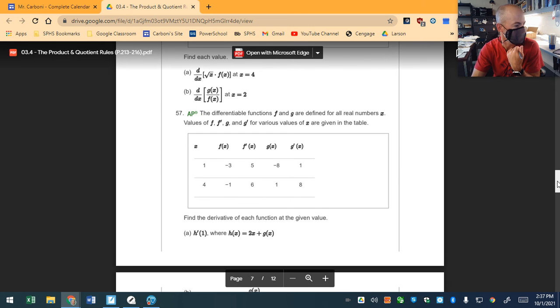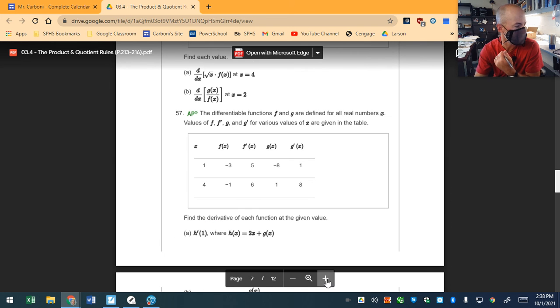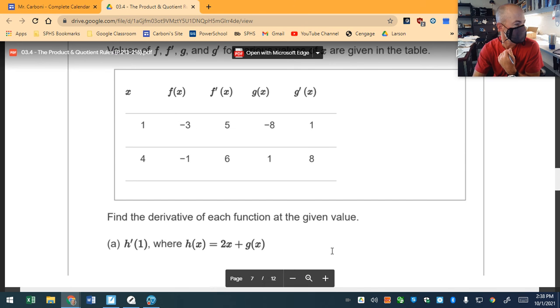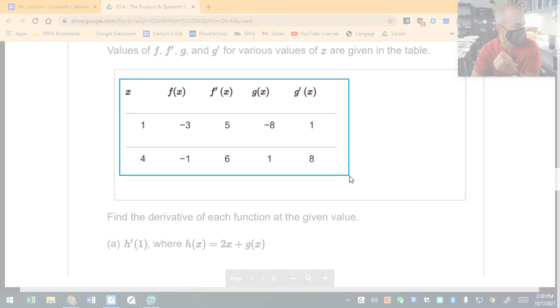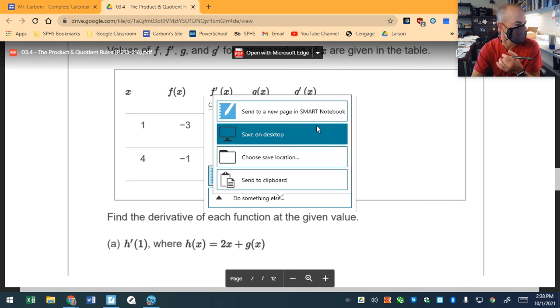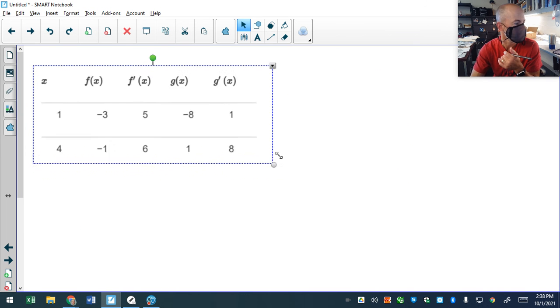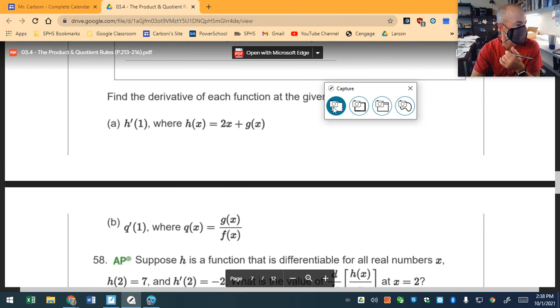This one? Cool. All right. Okay, I'm not going to grab all of the directions and stuff. We need the table. And, whoops. We need A and B.